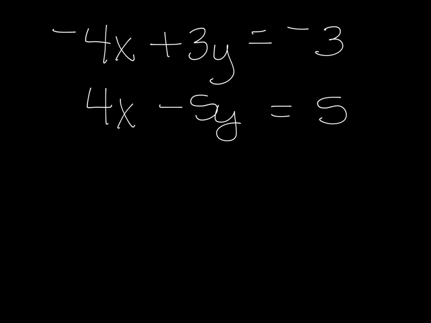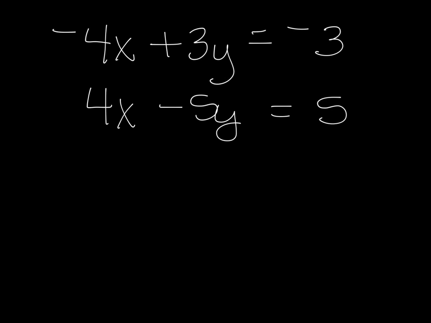So here's a problem that is going to involve systems, and we are no longer going to do substitution or graphing. We're going to do something called elimination method, and I think you're going to find that this one's actually pretty easy.